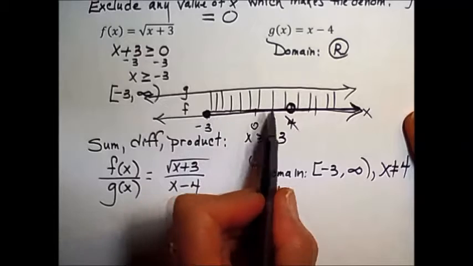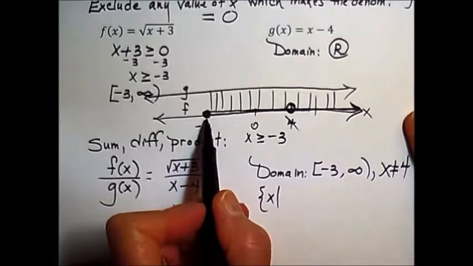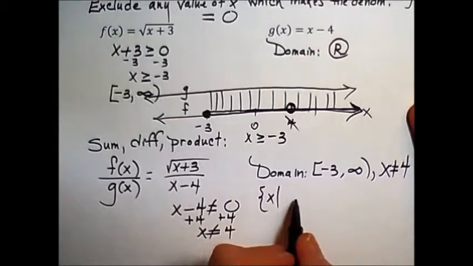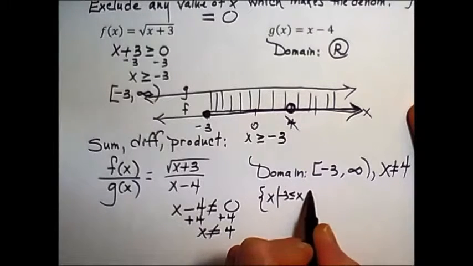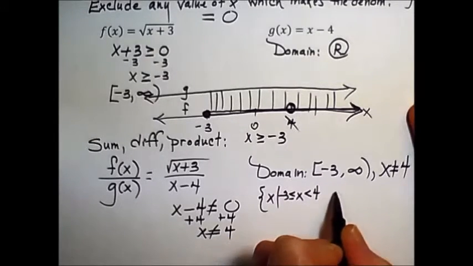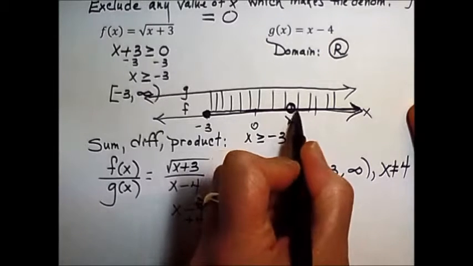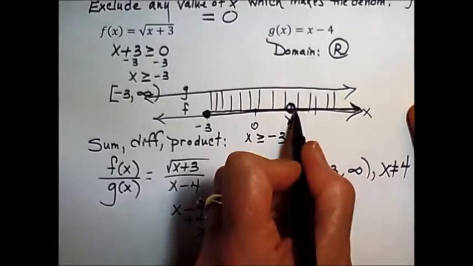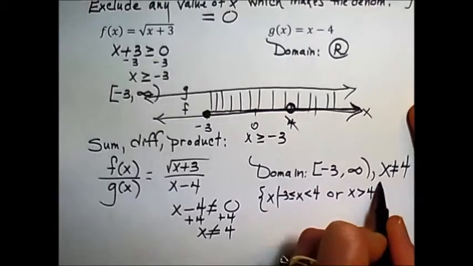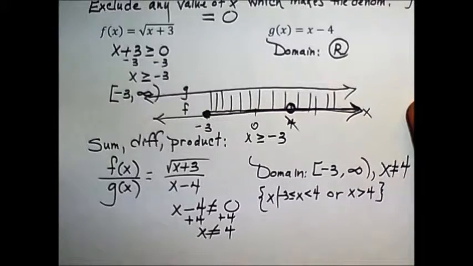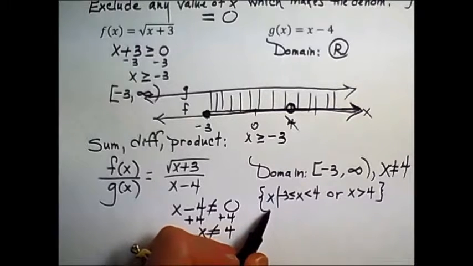So to express that interval, we would say that it is x greater than or equal to negative 3 and less than 4, or then continuing on, anything greater than 4 is going to work for our final domain.